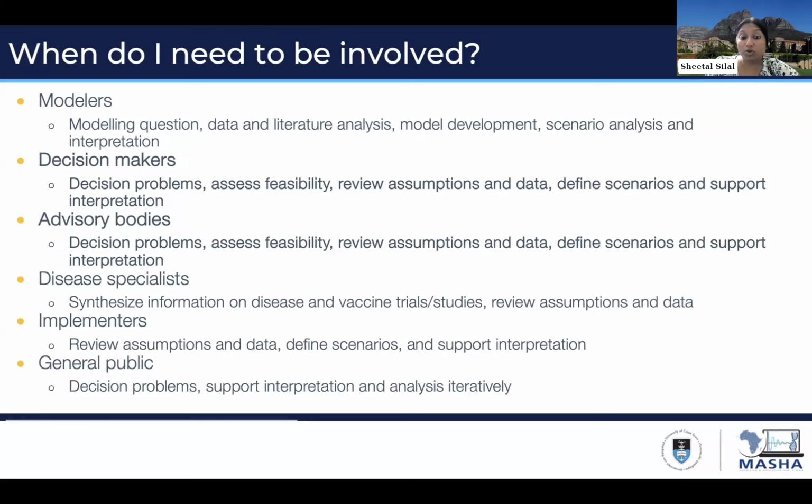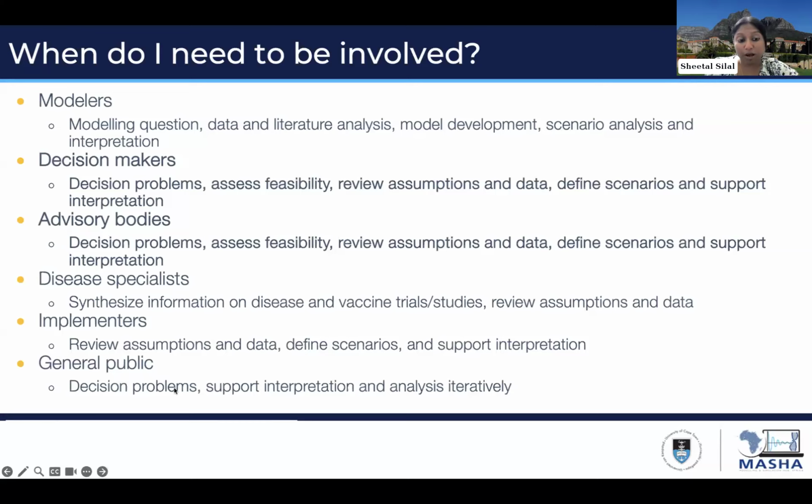Some of the scenarios could also be about implementation-relevant assumptions. Perhaps it is a time to scale up. Do we achieve 80% coverage immediately, or does it take 2 years to scale up from initial introduction to reaching that 80% coverage? So these are all implementation considerations that help to provide authenticity or feasibility to the scenarios that are modeled.